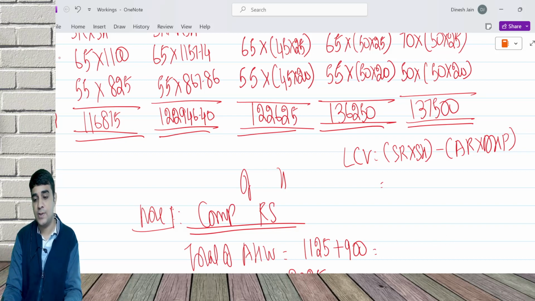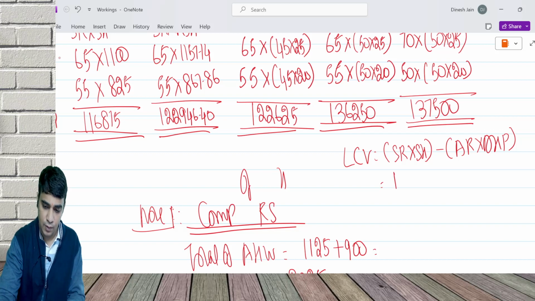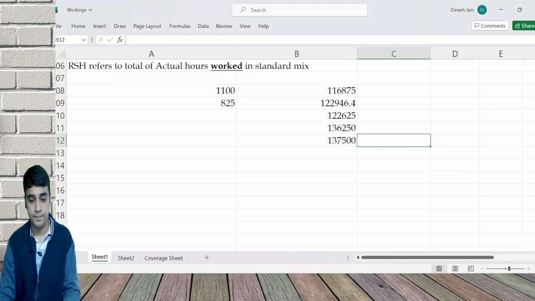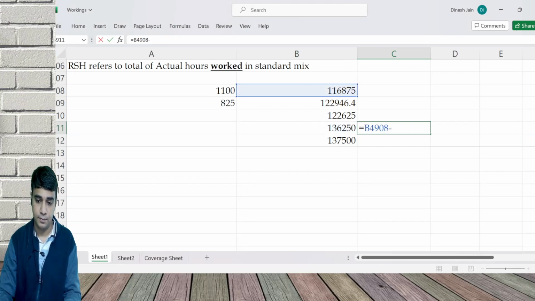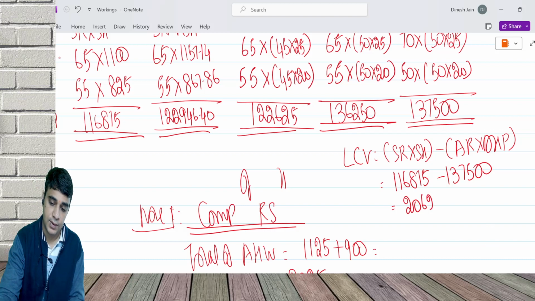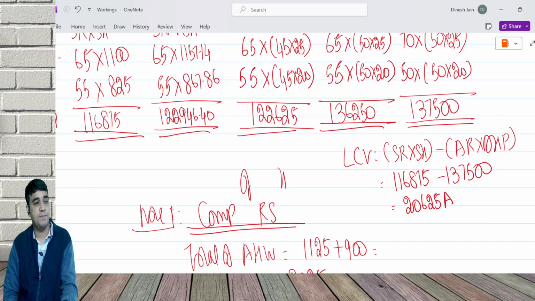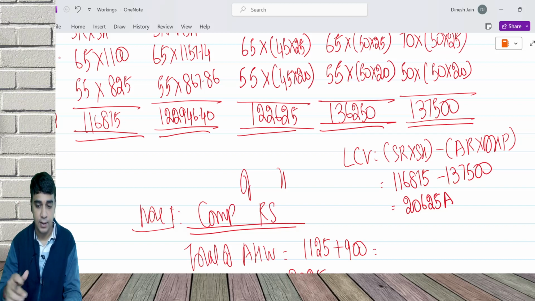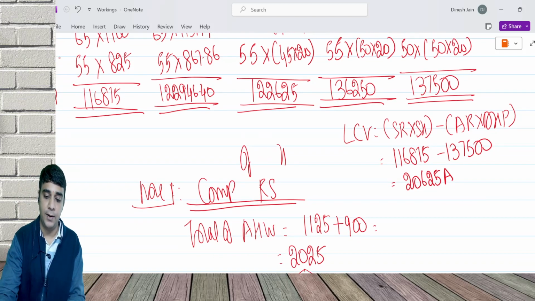SR into SH minus AR into AHP, 116,875 minus 137,500. 20,625 adverse. This will be technically split into three: labor rate, labor efficiency, labor idle time. Labor cost is 20,625 adverse.